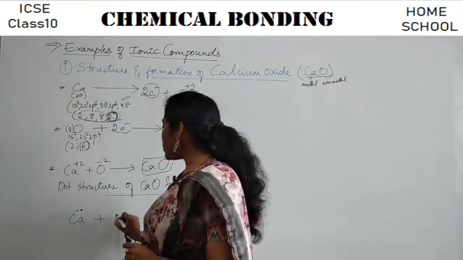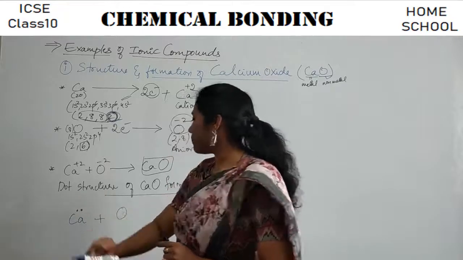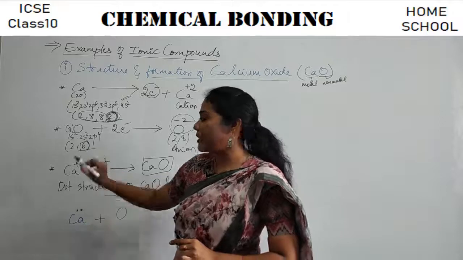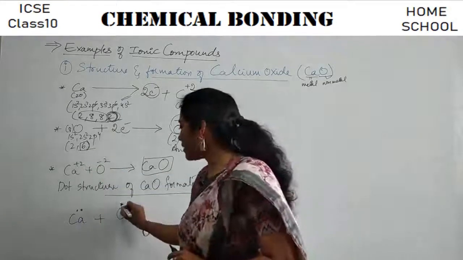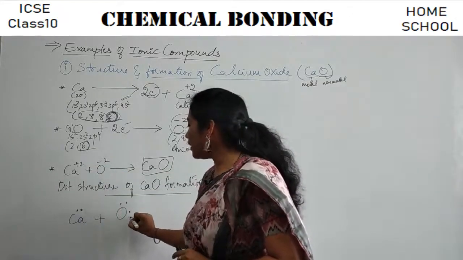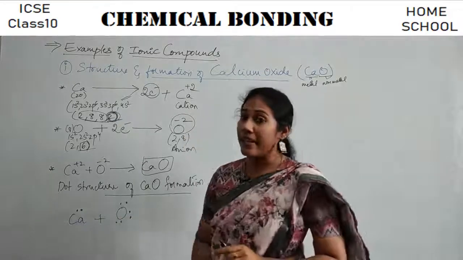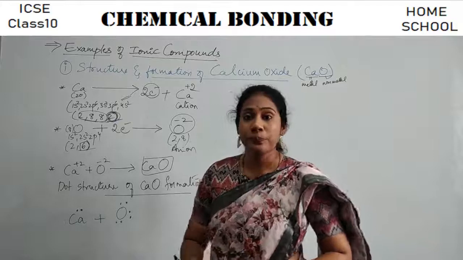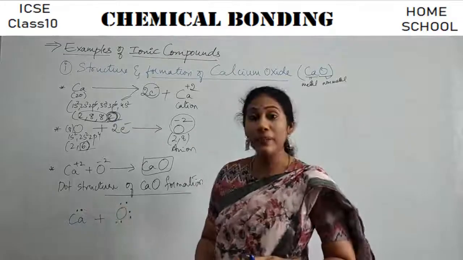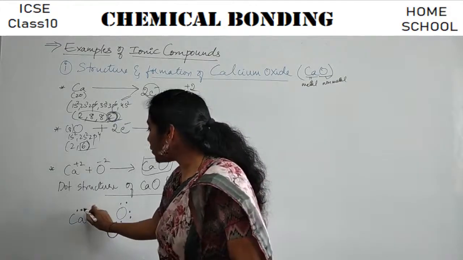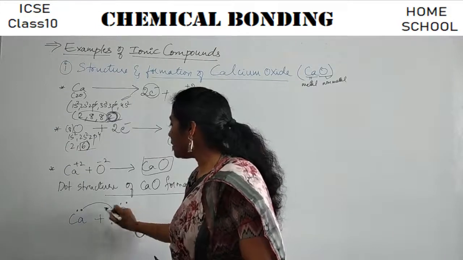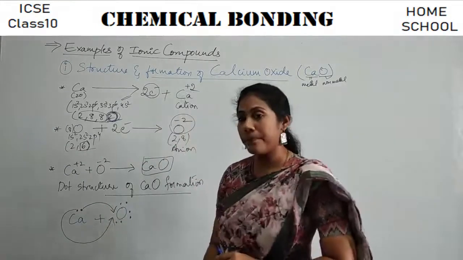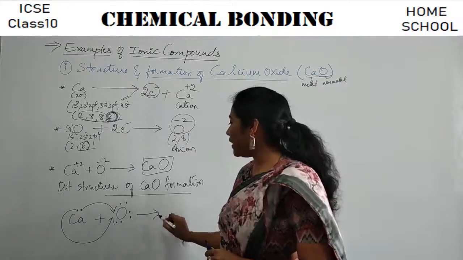Now the dot structure of oxygen. For oxygen, how many dots will you indicate? 6, because the last shell has 6 electrons, isn't it? So 1, 2, 3, 4, 5, 6. And now electrons are transferring from whom to whom? From calcium to oxygen. How many? 2, right? Show that. So 1 electron transfers and the other electron transfers, show it like this. And so what you will indicate?